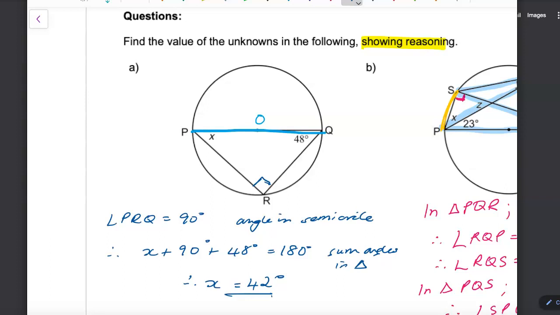You might like to redraw parts of that diagram from PSRQ so that you can see how Z and X and Y relate to the angles 23 and 20. Don't forget to look for some angles in a semicircle.